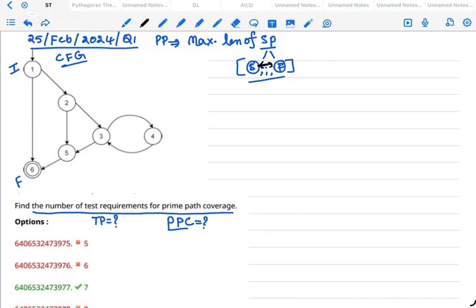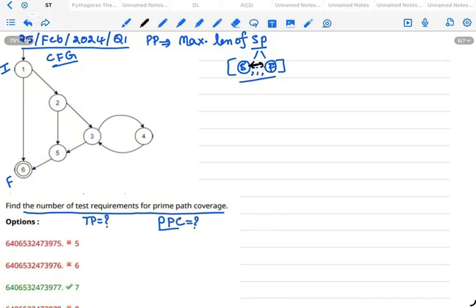A prime path is a maximum length simple path; it cannot be extended any further. So if a simple path is of maximum length and cannot be extended, this is the prime path.